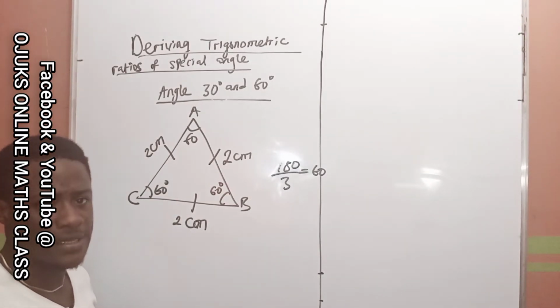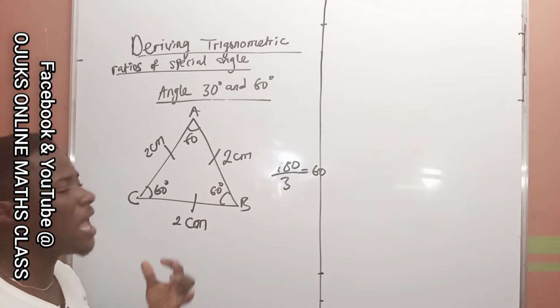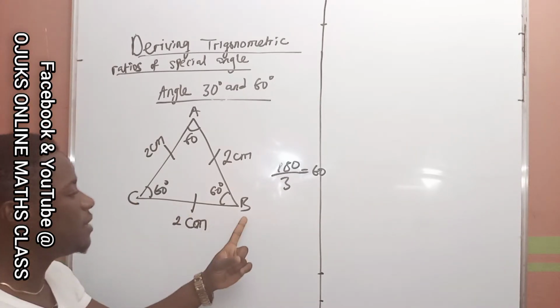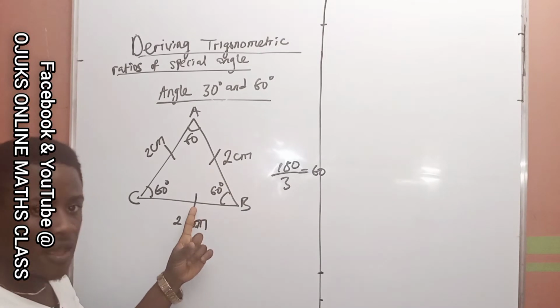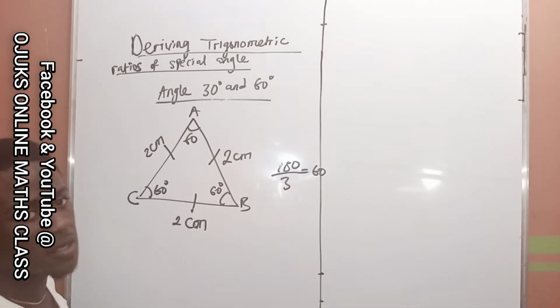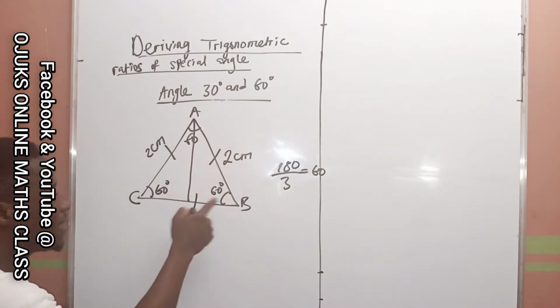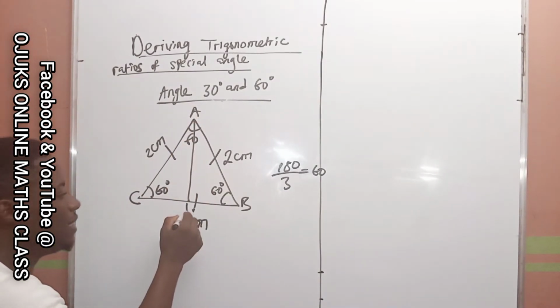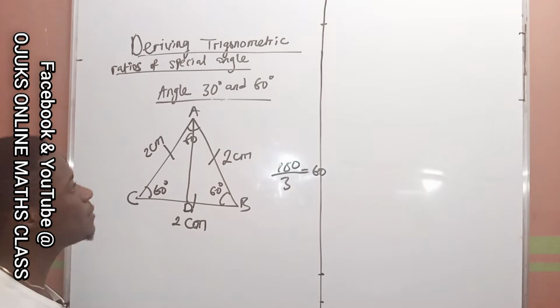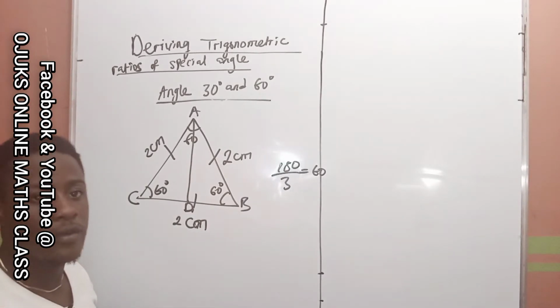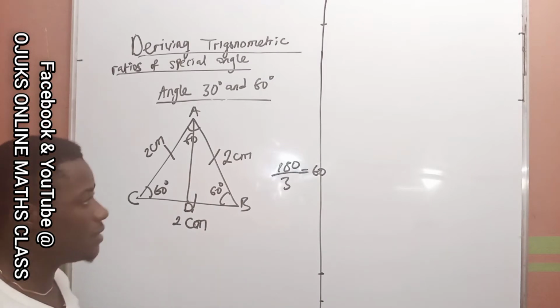Now what do we do next? I will draw a perpendicular bisector from A to bisect the line CB at D. Once this bisection is done, automatically I now have two right-angled triangles.